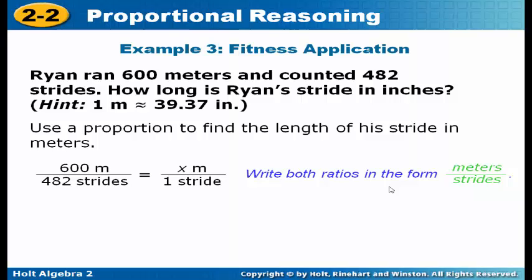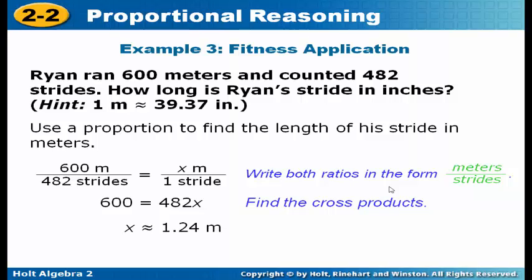So 600 meters over 482 strides equals x meters over 1 stride. Now 600 times 1 equals 600, and 482 times x equals 482x. So x approximately equals 1.224 meters.